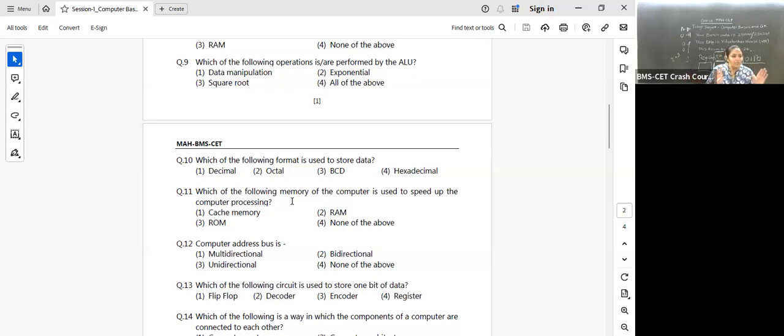I'm just telling you the generalized range. So binary 0, 1, decimal 0 to 9, hexadecimal 0 to 9 and A to F. Is that clear?